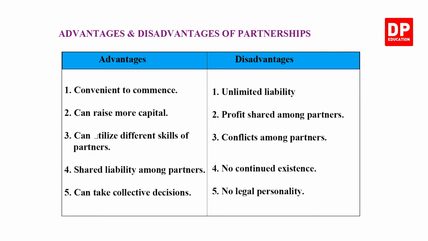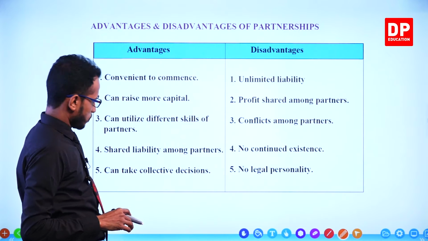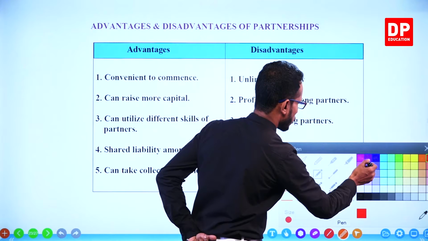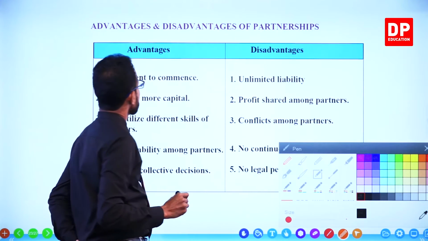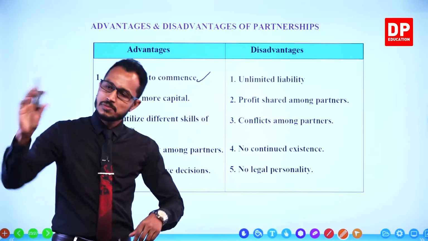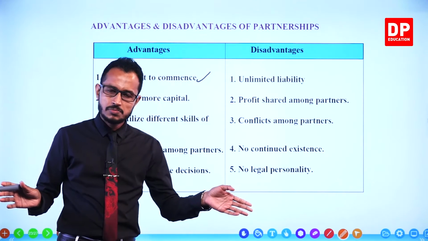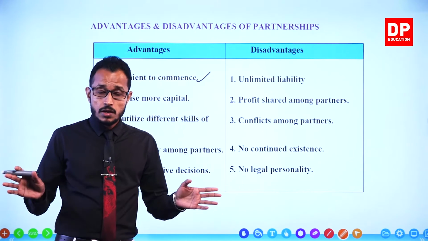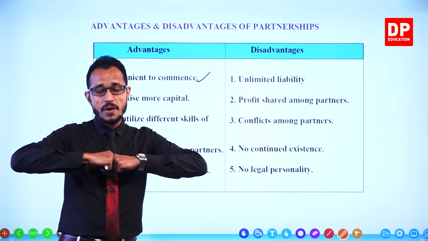Now we are going to look at advantages and disadvantages. Things that we have already discussed. It's easy to start, even sole proprietorships, easy, even partnerships, easy. Not very difficult, not much legal barriers.